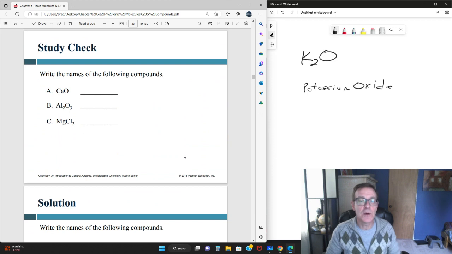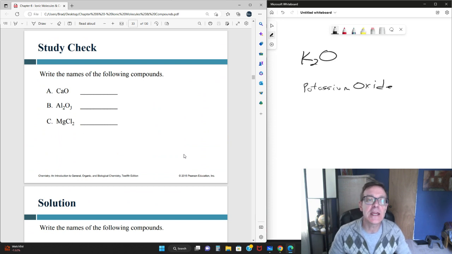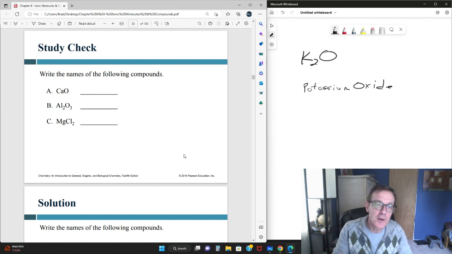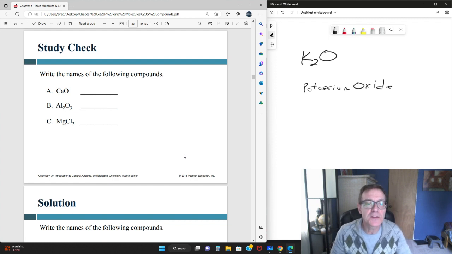Okay, can anyone tell me what the name of the first, what A is? Calcium oxide, perfect. And we've already done aluminum oxide several times. How about C?